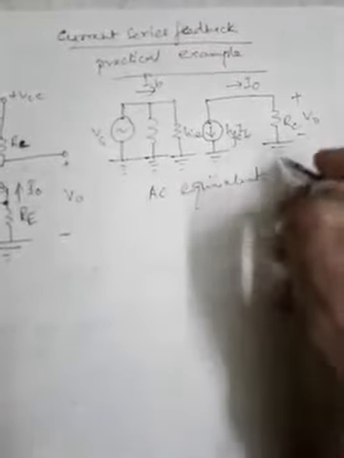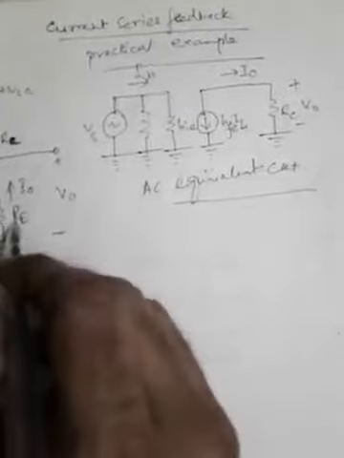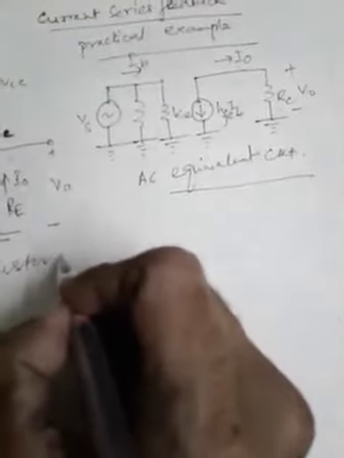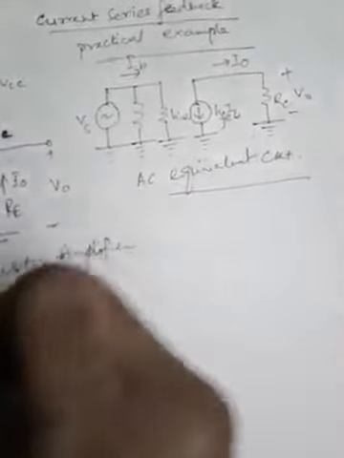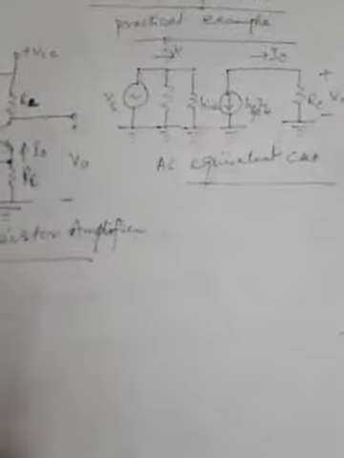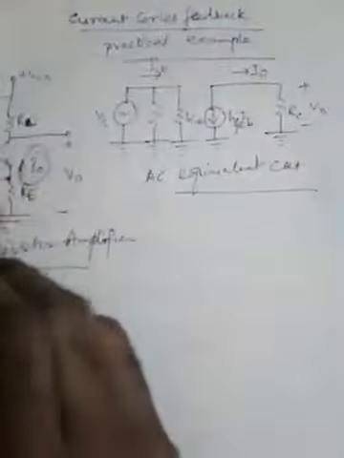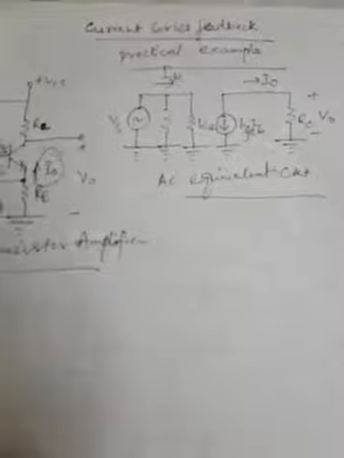of the given circuit. It is the AC equivalent circuit of this transistor amplifier circuit, where this emitter resistor is not bypassed and current series feedback is being used here. Now, I have already said that from the output current IO, a sample is taken out across this RE, which is shown here as Vf, and it is returned as a feedback proportional to voltage in series with the input.